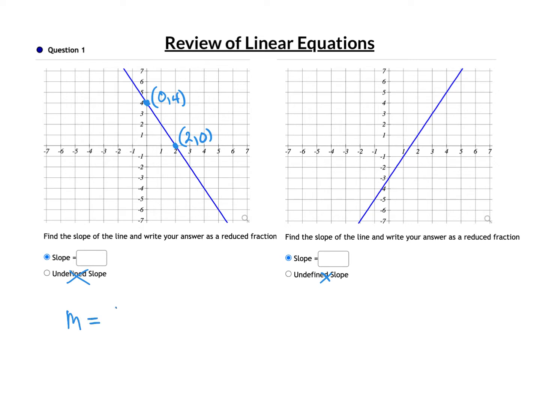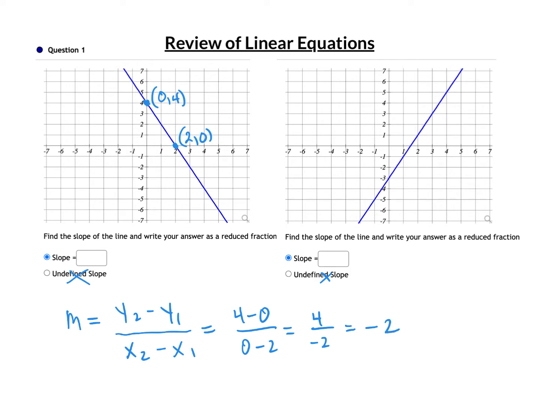The slope formula says that you do y2 minus y1, subtract the y coordinates, and below you subtract the x coordinates, x2 minus x1. So if I use these points, subtracting the y's would be 4 minus 0, and subtracting the x's would be 0 minus 2. Notice that that's 4 over negative 2, or negative 2.